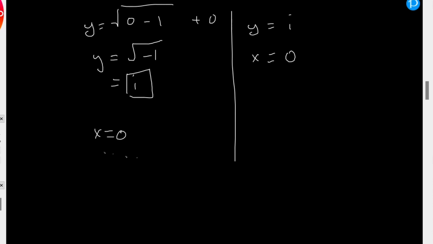We can check our work by plugging this in. We have i squared minus 2x, where x is equal to 0, times i, plus 1, which equals 0.